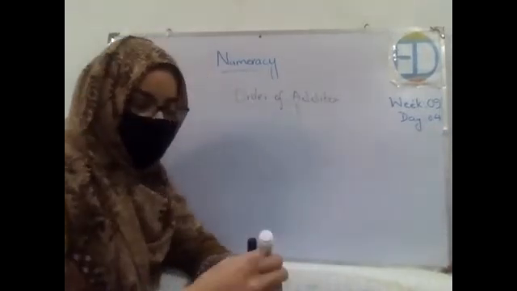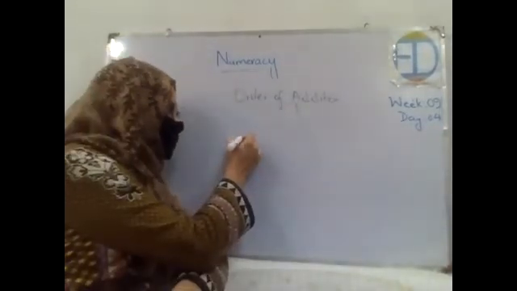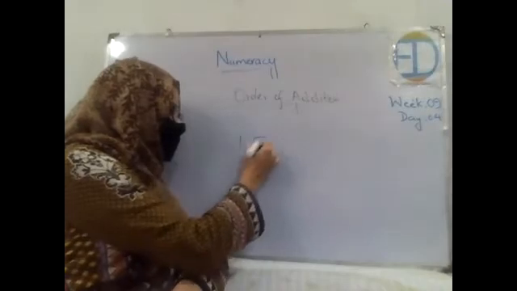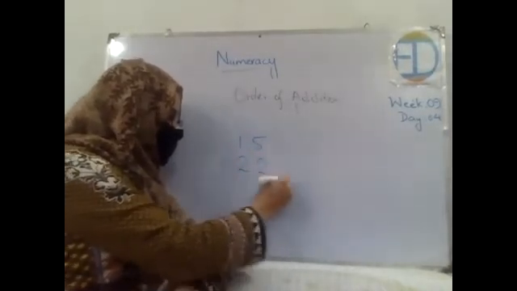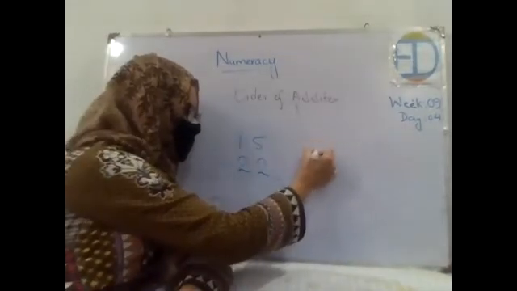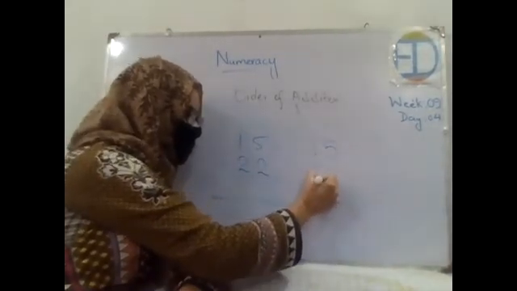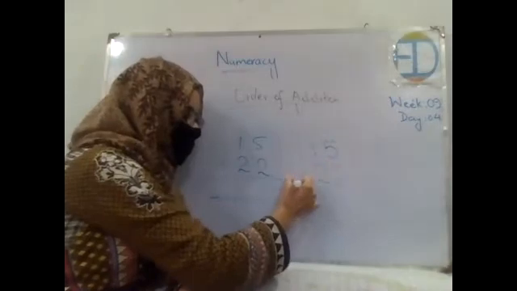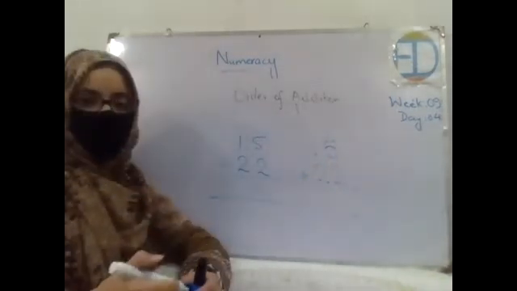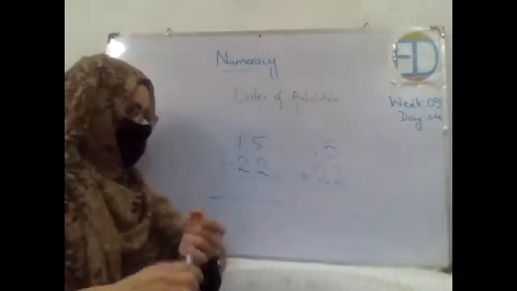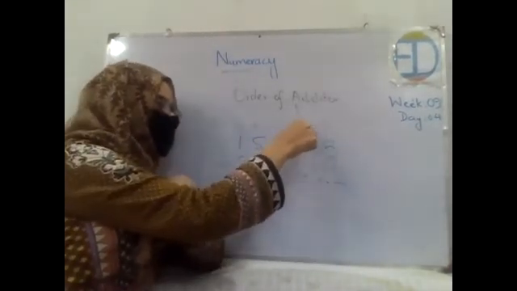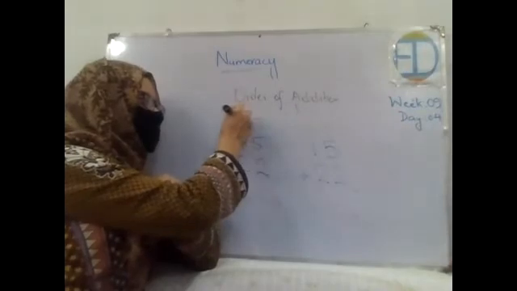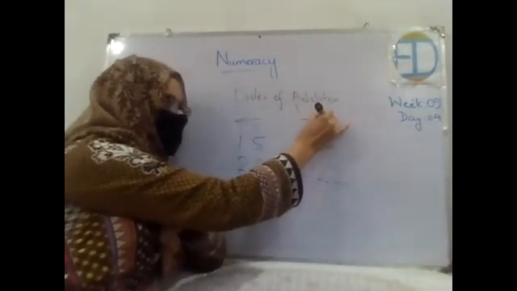Let's say 15 plus 22. Let's start solving from, in this we will follow this order, and in this we will be following this order.